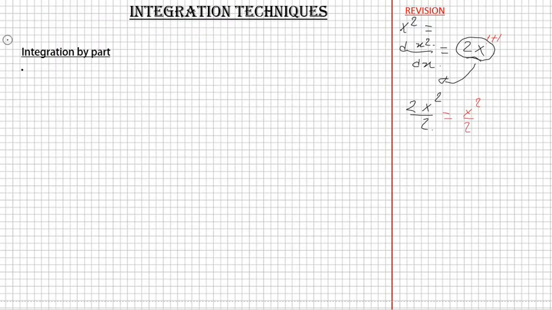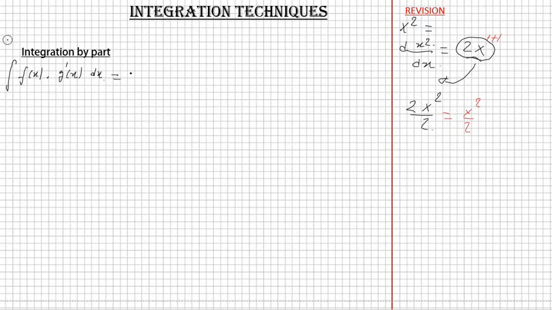Let's say we have a function made of f of x multiplied by the derivative of another function, g of x. Now they want us to integrate this with respect to x.